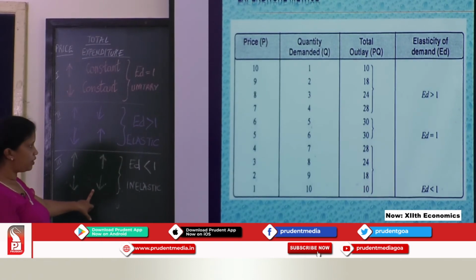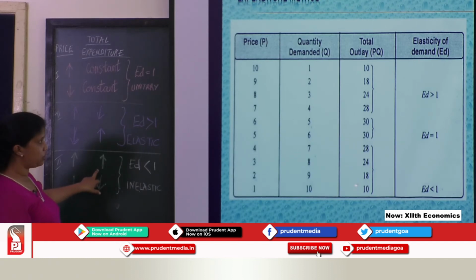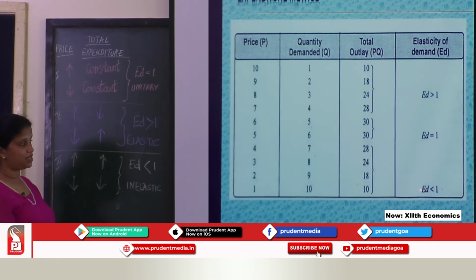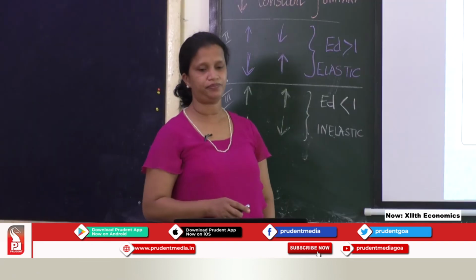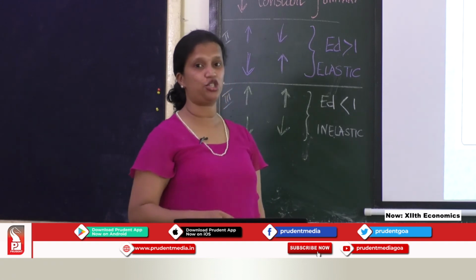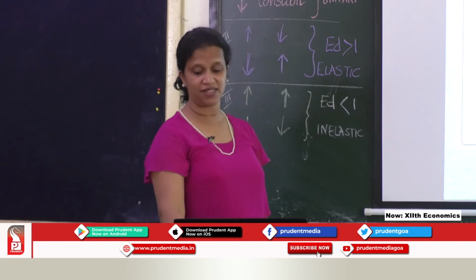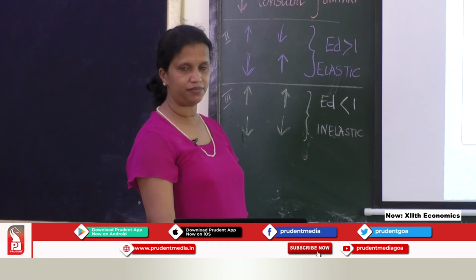Or if price goes up, what do you observe about the expenditure? Is the expenditure also going up? Therefore, what can you conclude about elasticity? ED is less than 1, or relatively inelastic demand. So, this relationship was put forth by Professor Alfred Marshall.